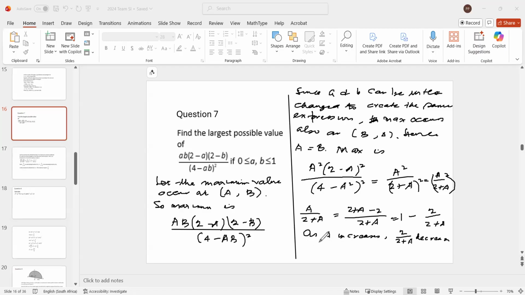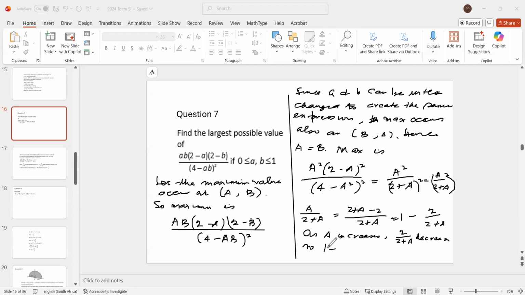And if you put a minus sign in front of that, it starts increasing.